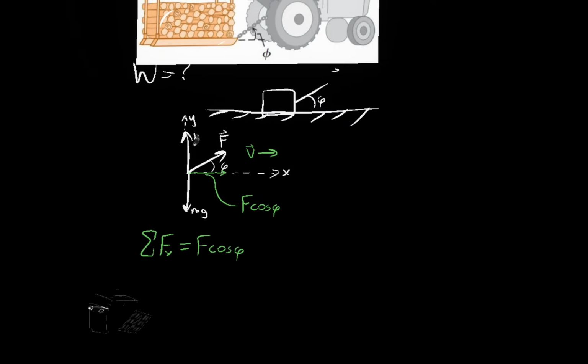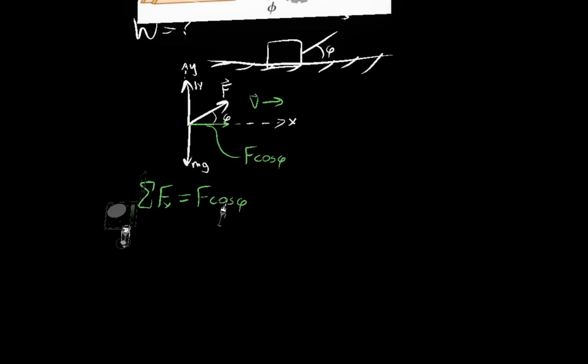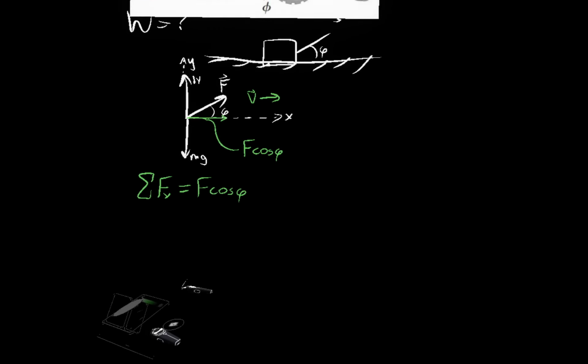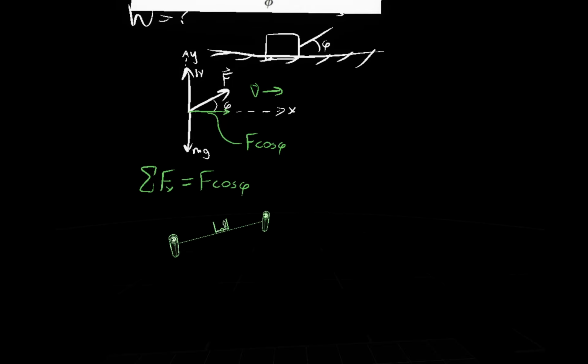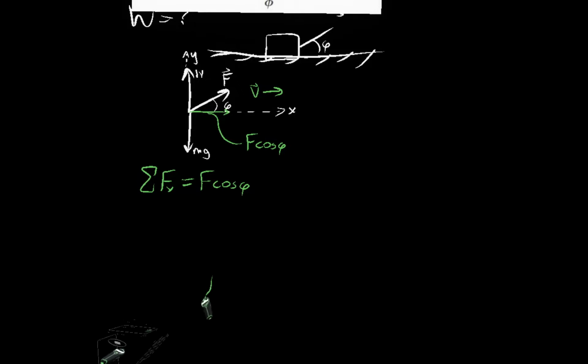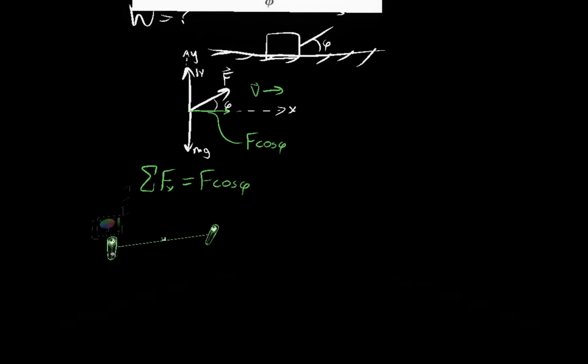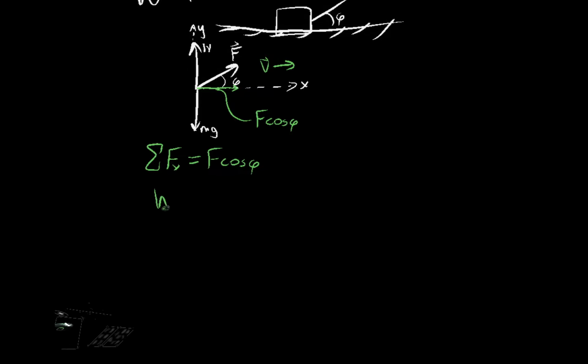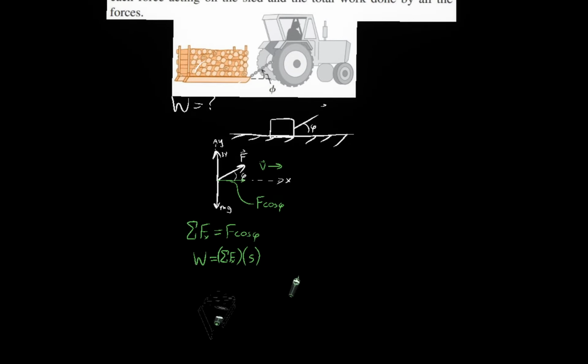This would be the normal force, but we don't care about it. It doesn't contribute. So now that we found the net force in the direction of travel, we can plug things in, but we might as well go all the way symbolically. Then the work is going to be equal to this net force in the x direction times the displacement s.